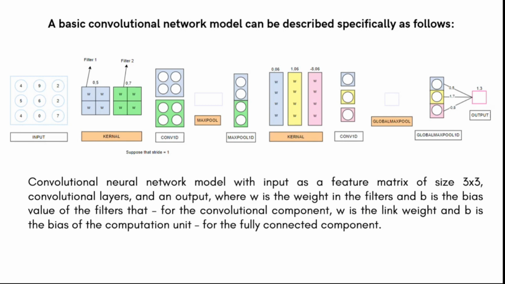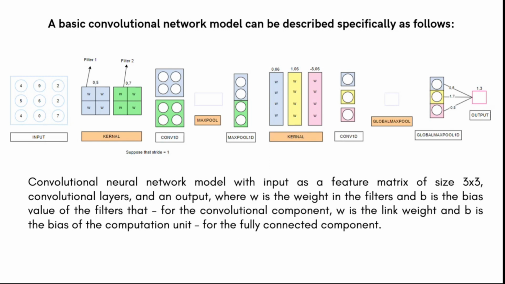The input, kernel convolution 1D, max pooling, kernel global max pooling, and finally the output. This figure is an illustration of a convolutional neural network with input as a feature matrix of size 3 times 3, a convolution layer, and an output, where W is the weight in the filter and B is the bias value of the filter.